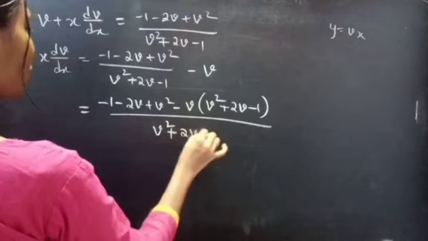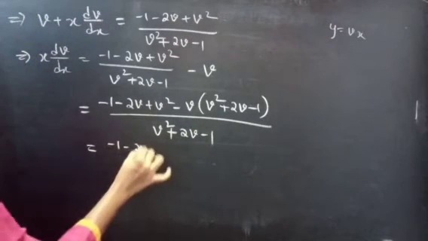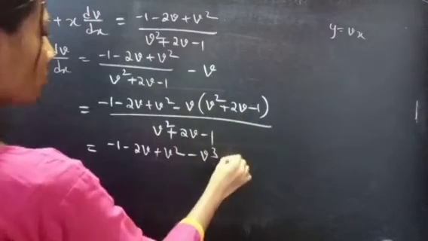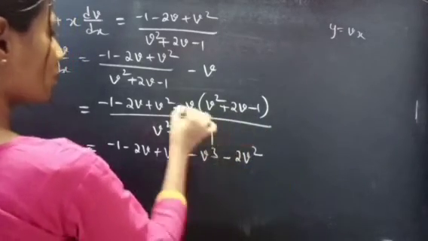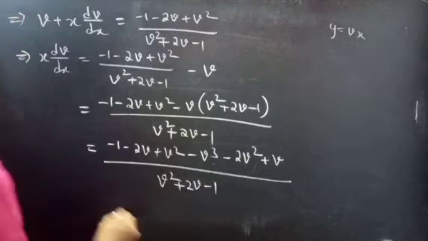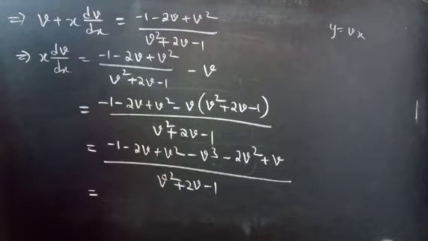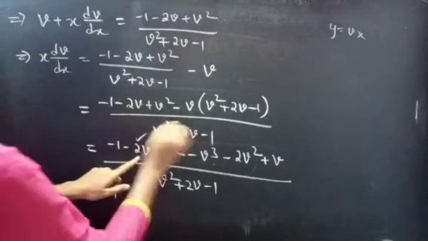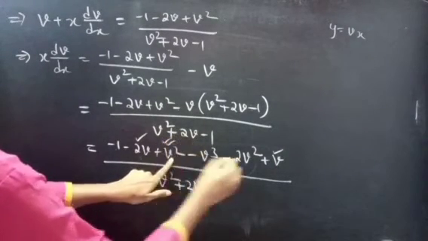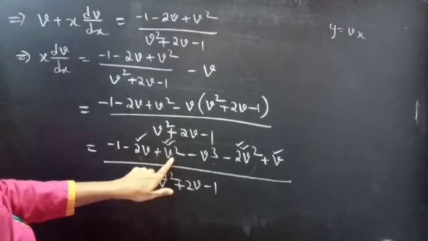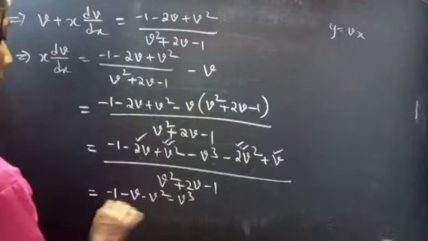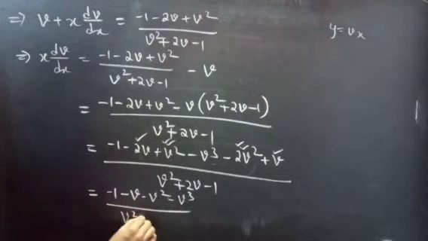V square plus 2v minus 1 is equals to minus 1 minus 2v plus v square minus v into v square, v cube, minus v into 2v, minus 2v square, minus v into minus 1, plus v, by v square plus 2v minus 1 is equals to minus 1 minus 2v plus v is minus v, okay, v square minus 2v square is minus v square, minus v cube, by denominator will be as it is.